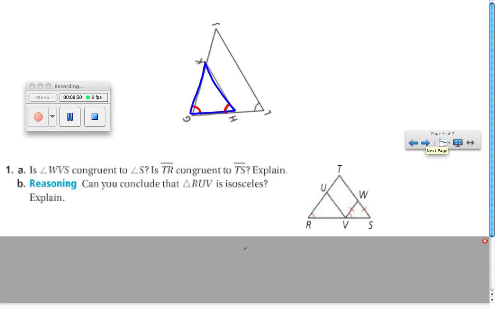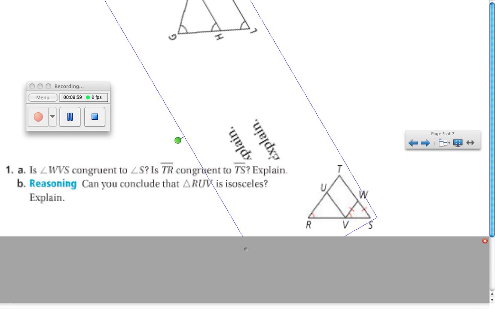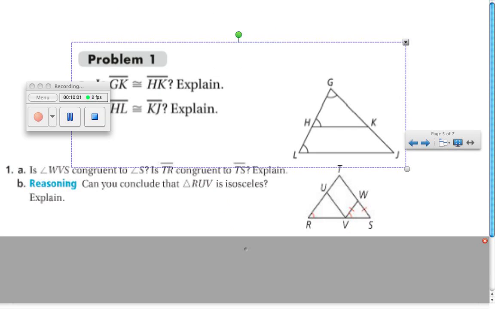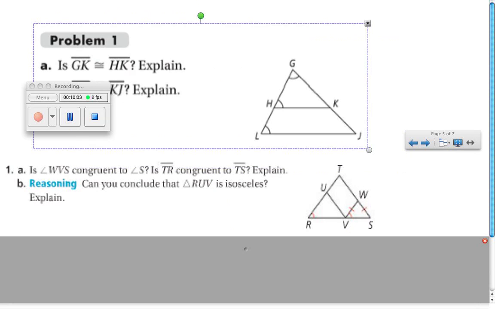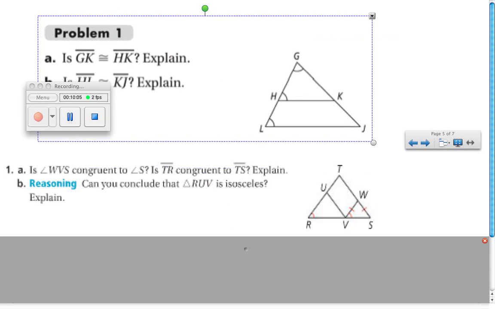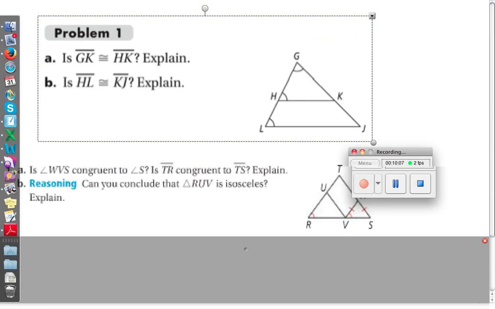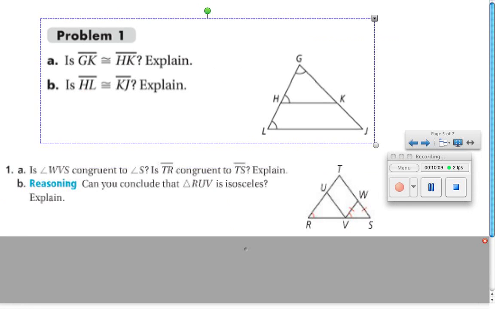Notice the sides that are opposite them. So then GK will be congruent to HK. So for part A, it's yes, they are congruent.